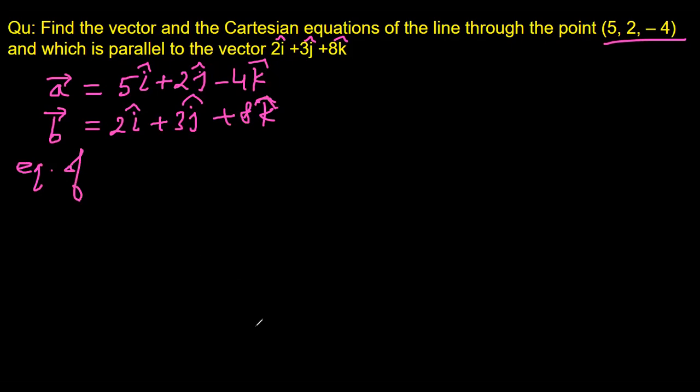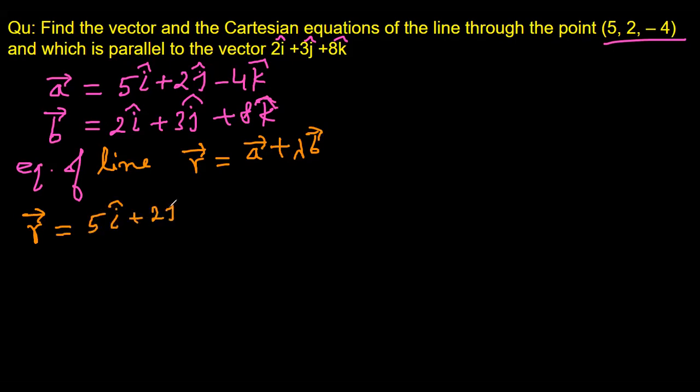The equation of this line would be vector r is equal to vector a plus lambda times vector b. So this equation should be r equals 5 i cap plus 2 j cap minus 4 k cap plus lambda times b.